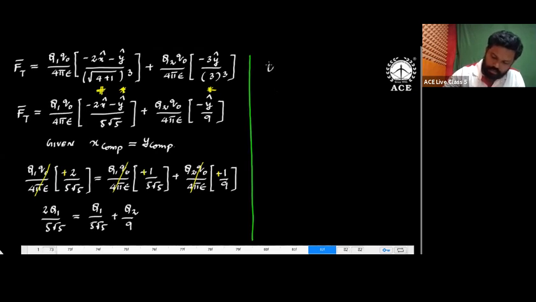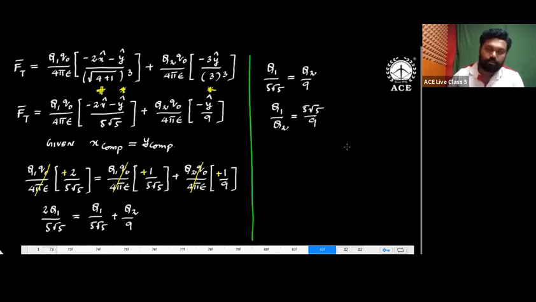So Q1 divided by 5 root 5 equals Q2 by 9. Q1 by Q2 is equal to 5 root 5 by 9.